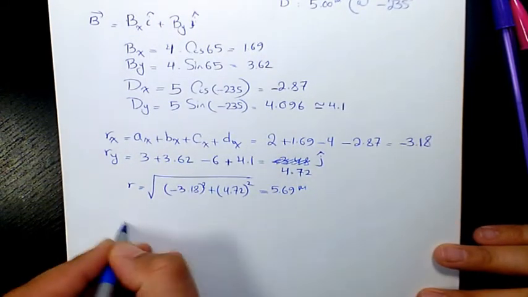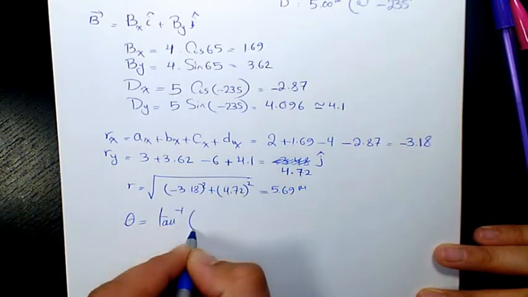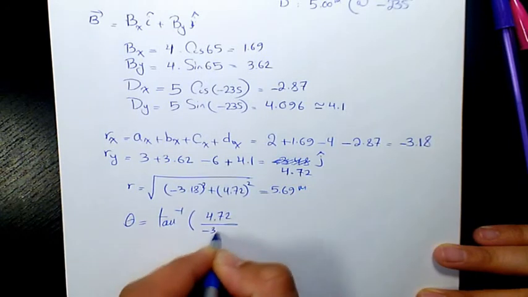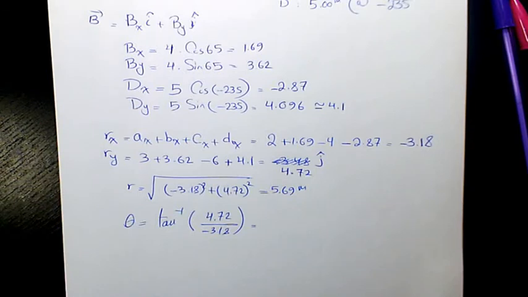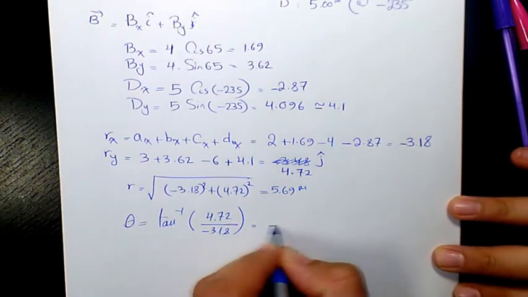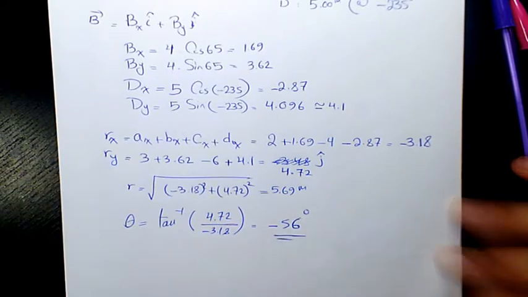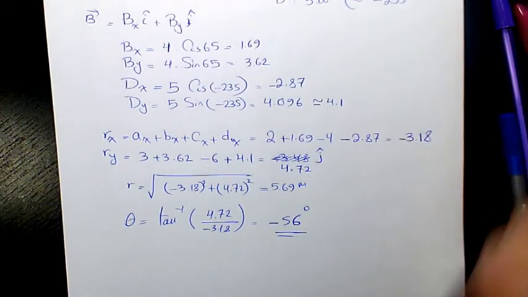And then the angle is going to be theta equals tan inverse of Ry, which is 4.72, divided by negative 3.18. Tan inverse of negative, this one is going to be negative, let's say 56 degrees, compared to the x-axis.